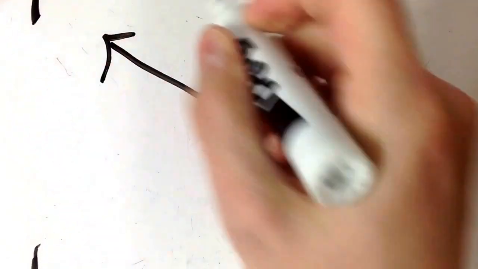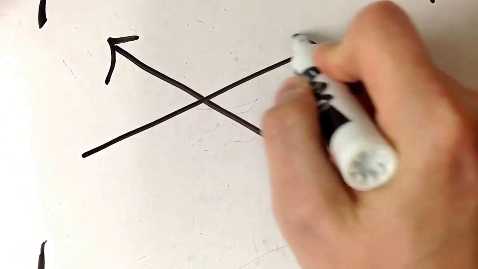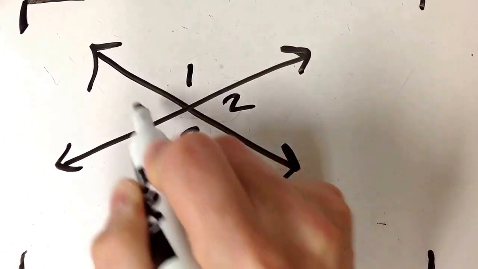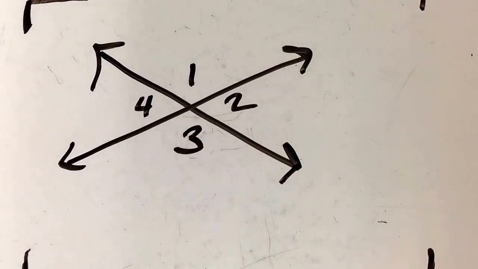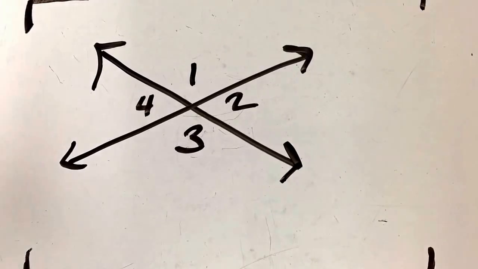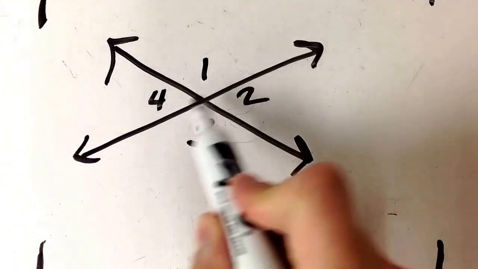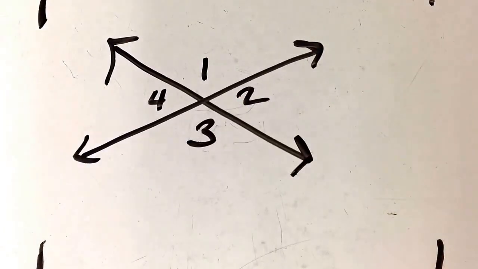The first part of 7-1 is talking about vertical and adjacent angles. There are just a few things to keep in mind to help us out, and I'm going to list angles 1, 2, 3, and 4. Adjacent angles are angles that share a common side, or a common line segment.